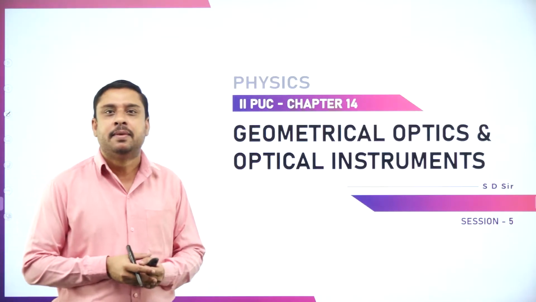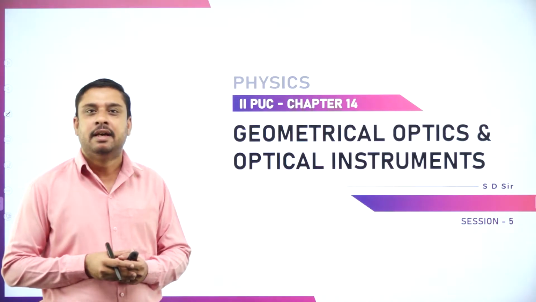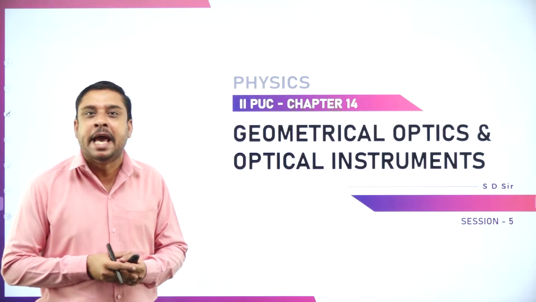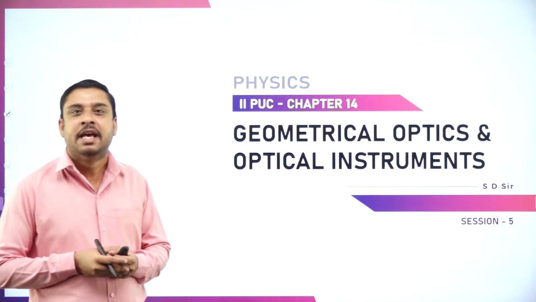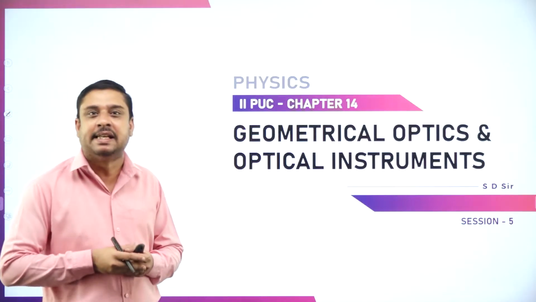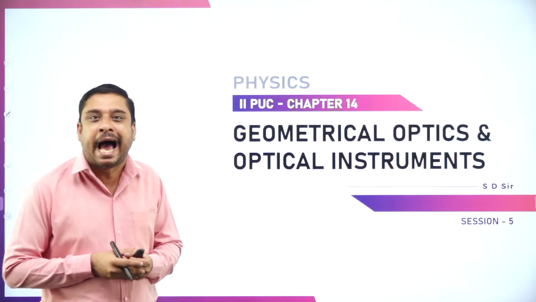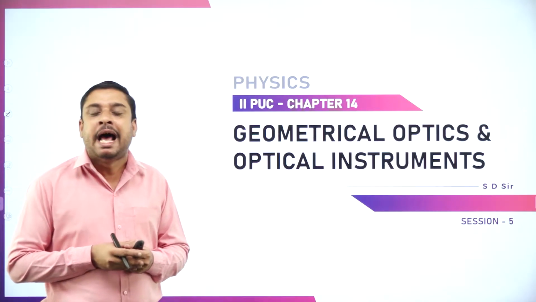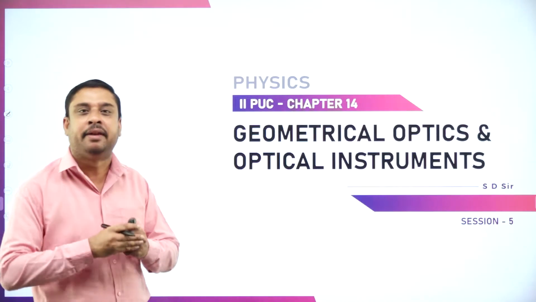Dear students, in today's session, we will derive a very important expression, that is the refractive index of a prism in terms of the angle of the prism and something called the angle of minimum deviation.